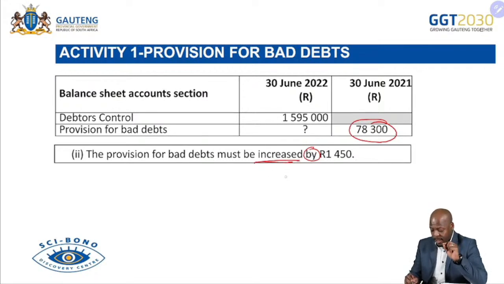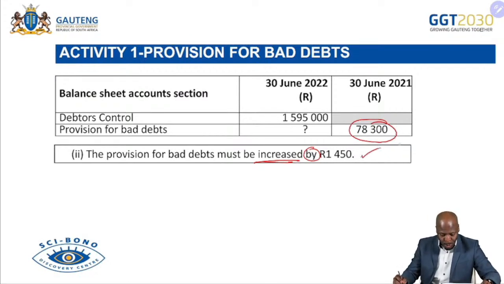I must increase it by 1,450. So if you have your calculator close to you, you should already be saying 78,300 plus 1,450.